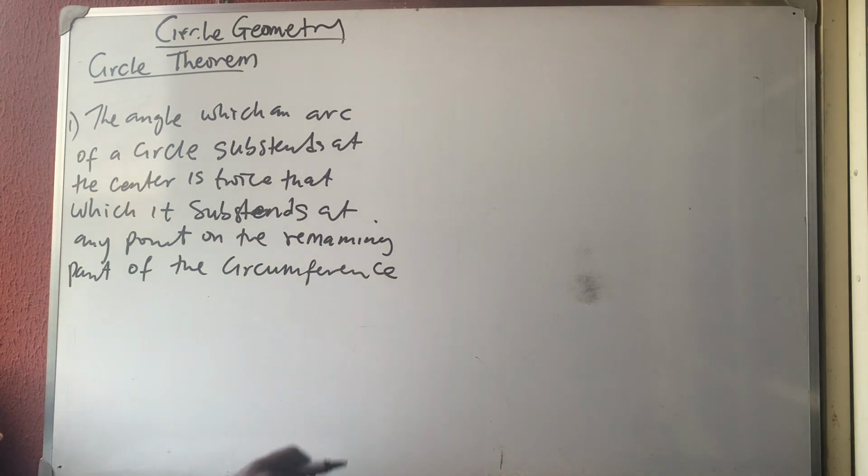So this one is just grammar. We just call it that the angle at the center is twice the angle at the circumference. As simple as that.